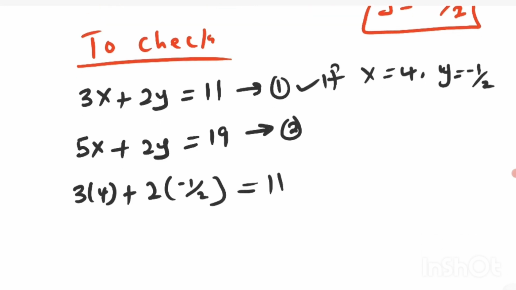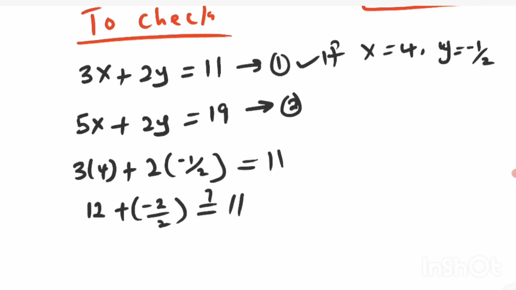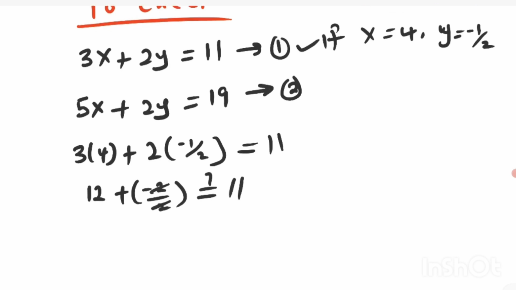Then this is 3 times 4, 12, plus 2 times minus 1 over 2, that is minus 2 over 2, must be equal to 11. These two cancel these two. We have 12 minus 1 must be equal to 11. Of course, 12 minus 1, this is 11, is equal to 11, which is true.